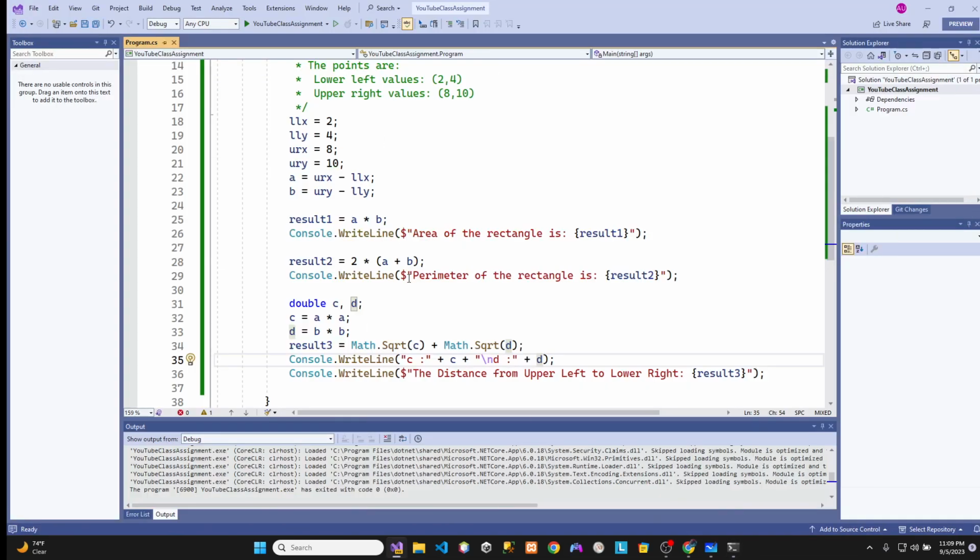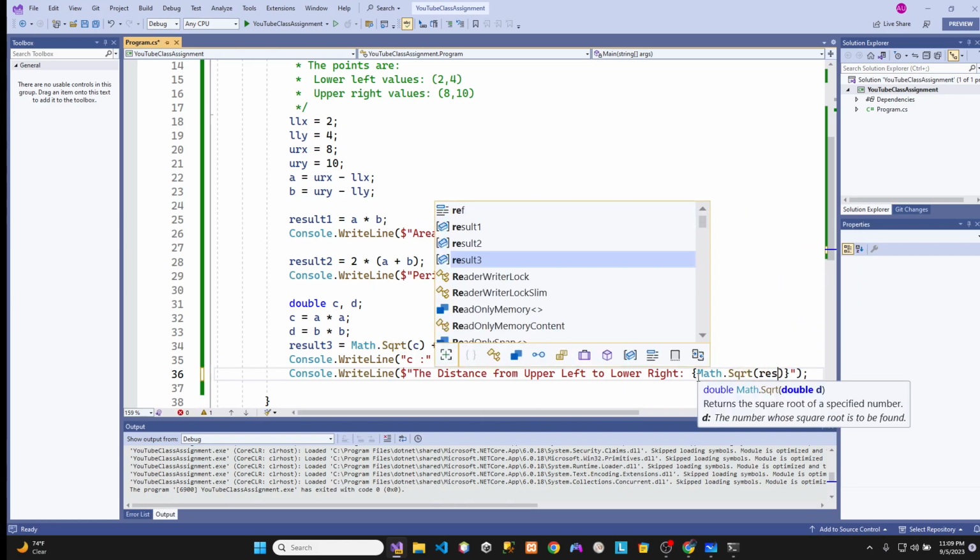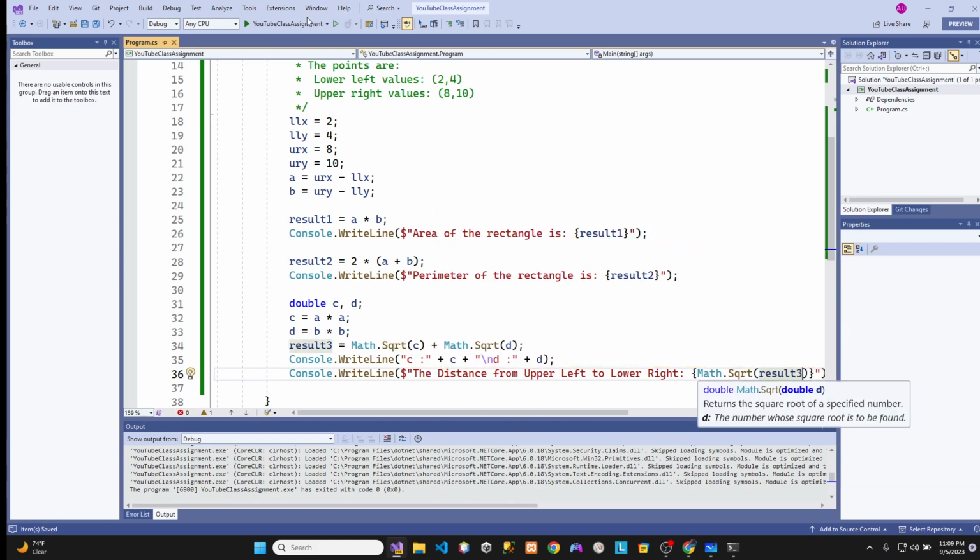So we add them together, which equals result 3. And result 3 is somehow... if I just do Math.sqrt of result 3, if I do it like this, is it going to be working?